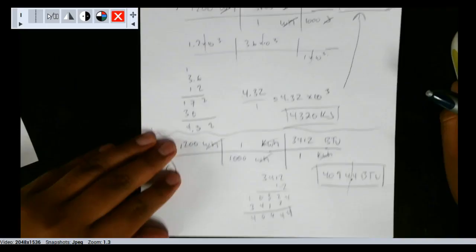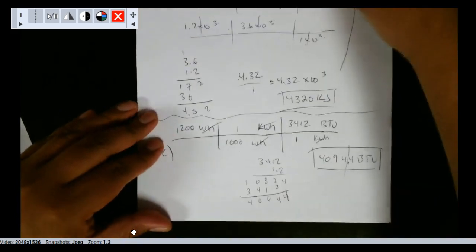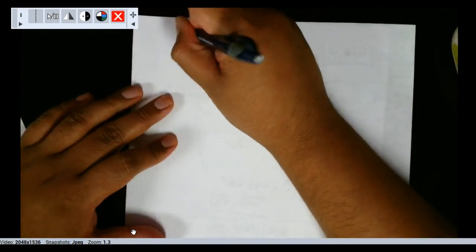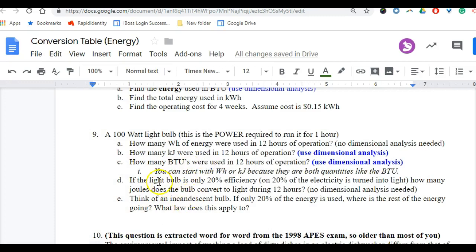So again, make sure you label, especially on the AP test. Coming over here, and go to part D right here. Part D, if the light bulb is only 20% efficient, how many joules will be converted over into light over the 12 hours? Well, we already know how much energy it's using for 12 hours.